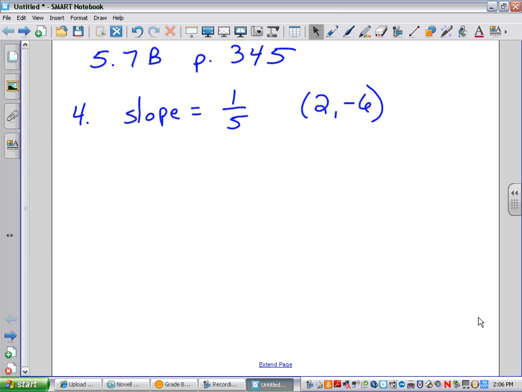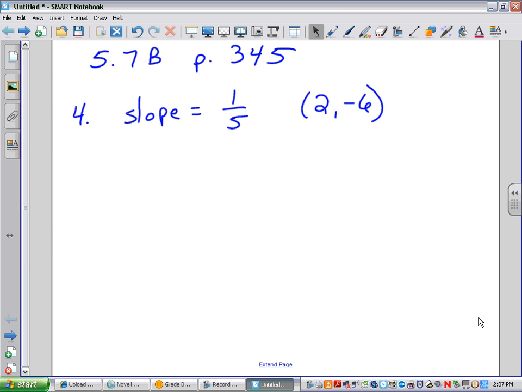This time we're actually going to follow the directions in the book. I'll start with number 4. The directions read, write an equation in point slope form for the line with the given slope that contains the given point. Okay, first of all, nowhere in those directions does it say to graph, so there's no graphing.